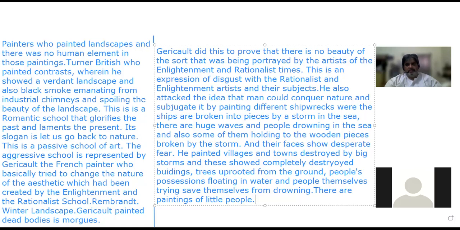I don't know why he didn't paint fat cripples, or maybe he did, I don't know. But he definitely painted the little people to show that in nature there are anomalies. So it's not all beauty. There are anomalies in nature.